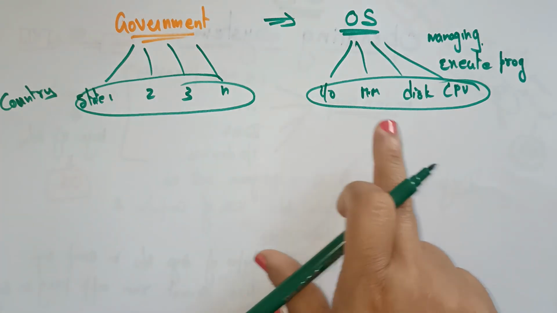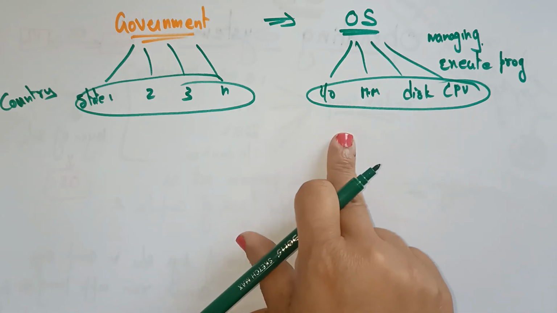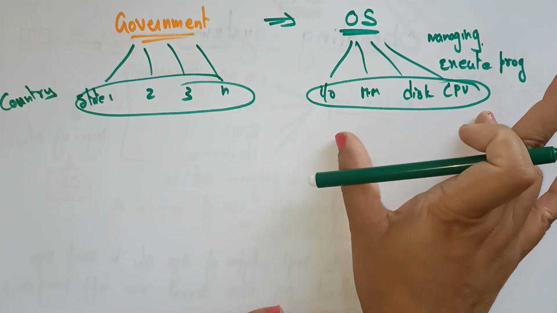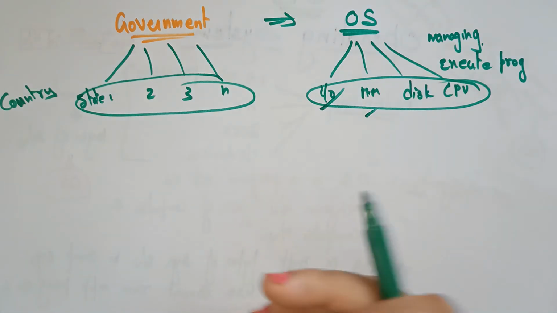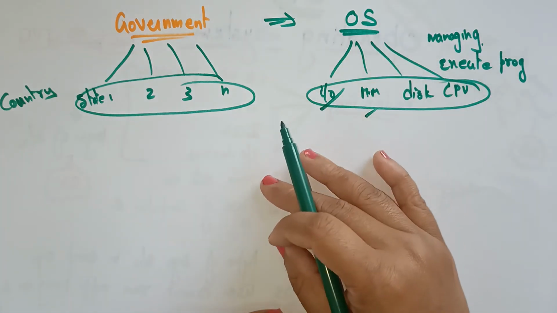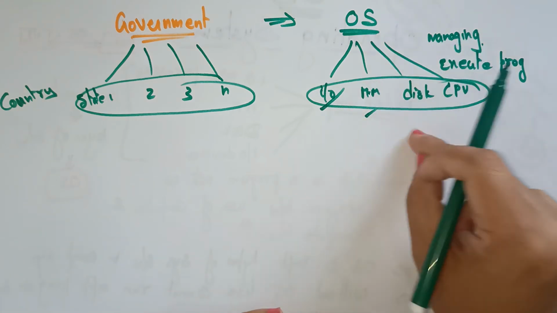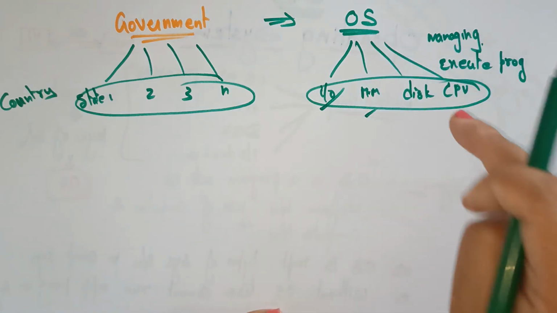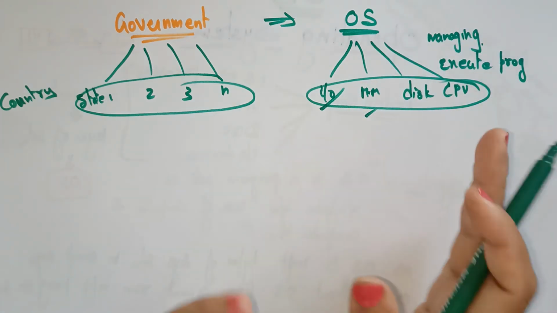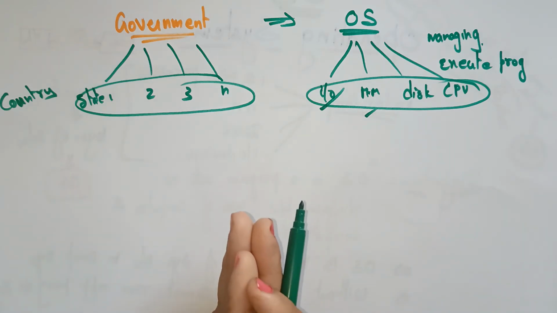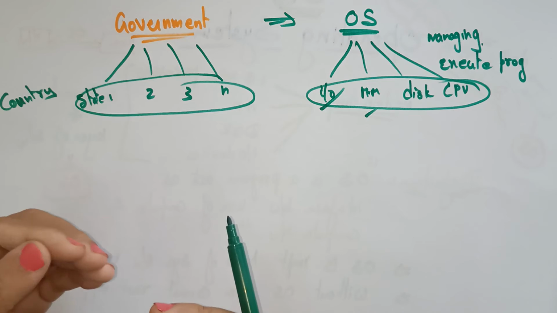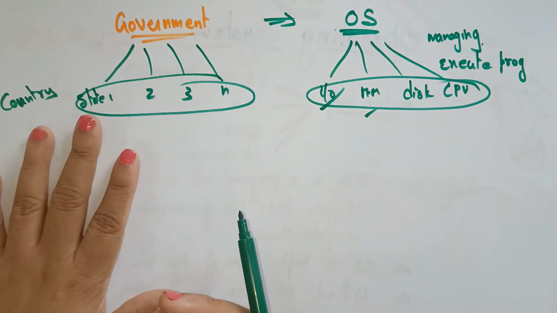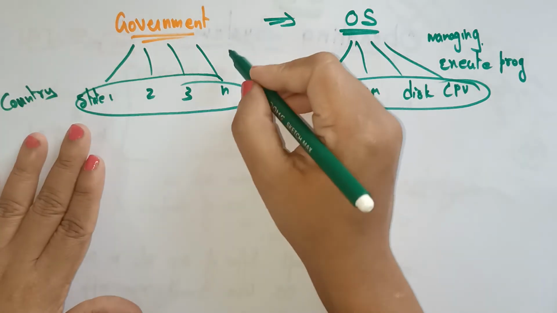When the same resource is being used by devices at the same time, the operating system regulates which user can access the IO devices, which user can access the disk, which user can access the CPU. These are the roles the operating system is doing. In the same way, the government is also controlling, managing and monitoring all the states, and it also helps in resource sharing.